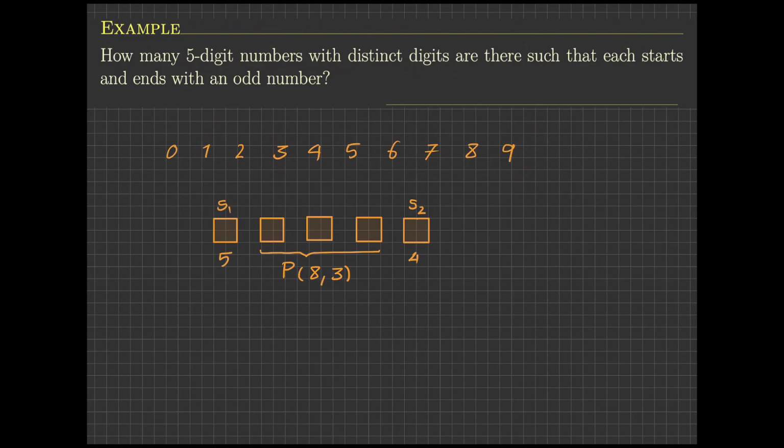Okay, so then what is the final answer? Can you tell me what's the final answer? What should I do with these numbers? I don't care about calculating this number because I hope that you can do it yourself. So I should multiply them. So the answer is 5 times P(8,3) times 4.